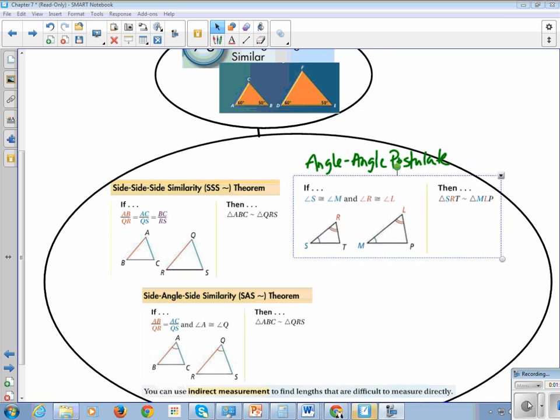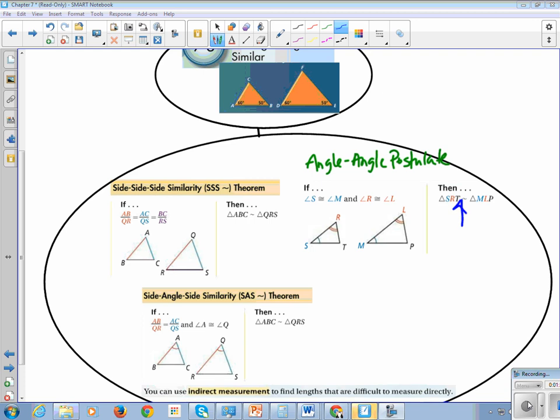So if I have two angles in two different triangles that are congruent, so I need two pairs, then my triangles are similar. And just for the record, one little squiggly mark, it's called a tilde.